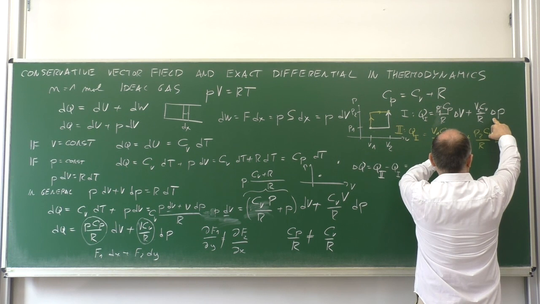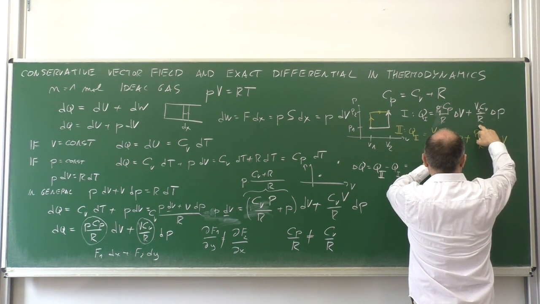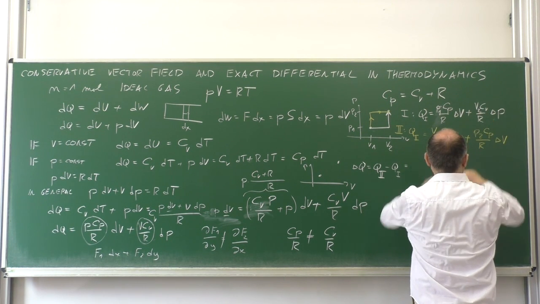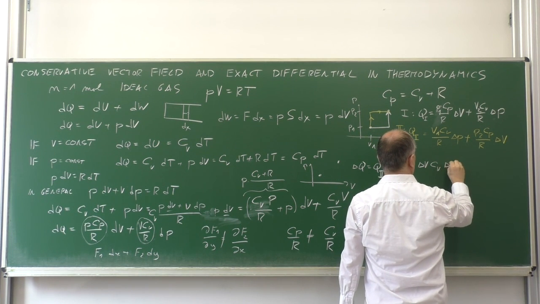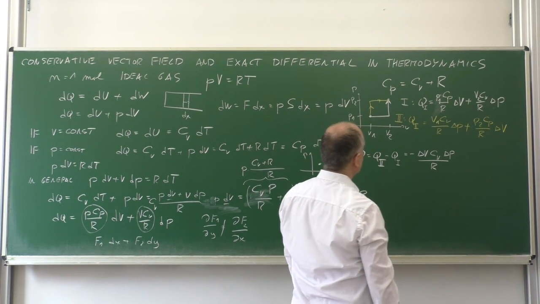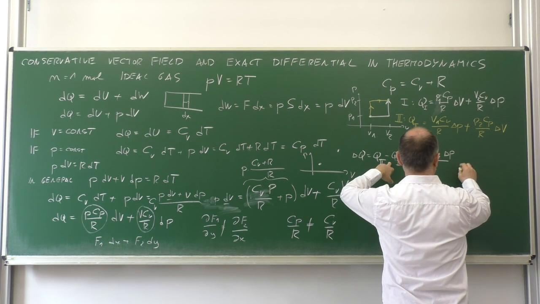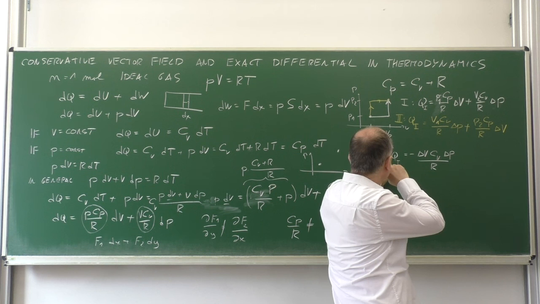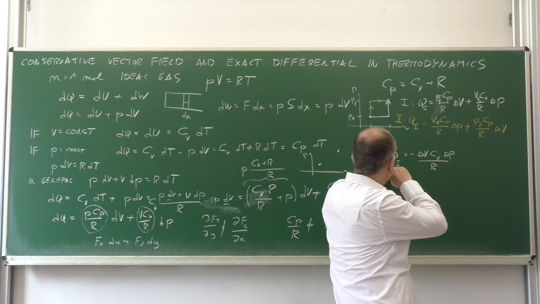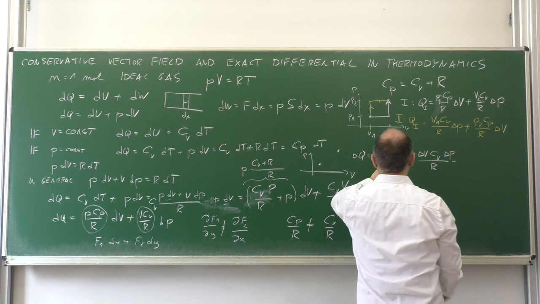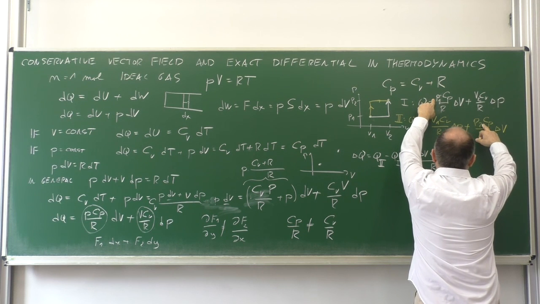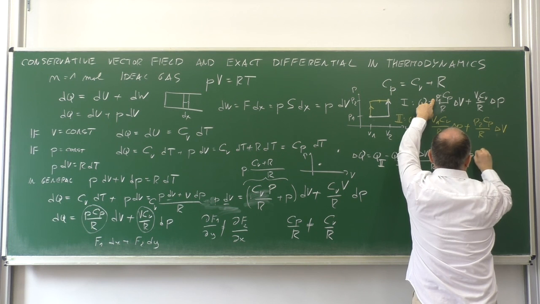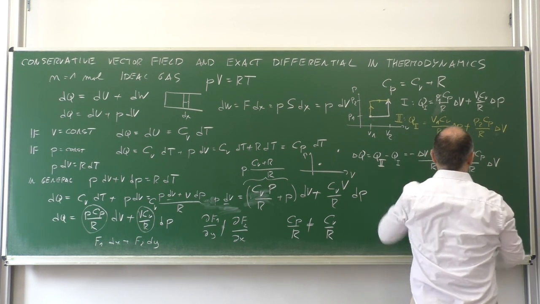We have delta P multiplied by Cv divided by R, and V1 minus V2, which is minus delta V. Minus yellow minus white, and delta V is multiplied by P2 minus P1, which is delta P, Cp divided by R delta V.